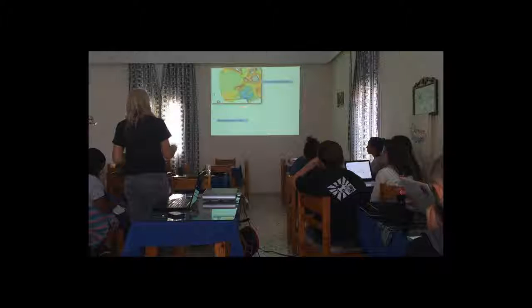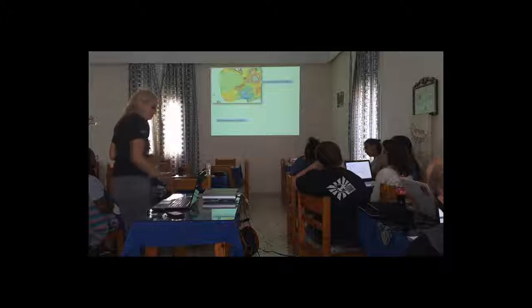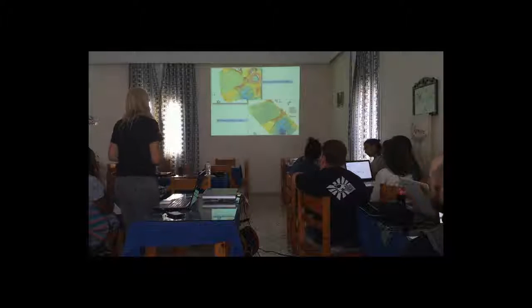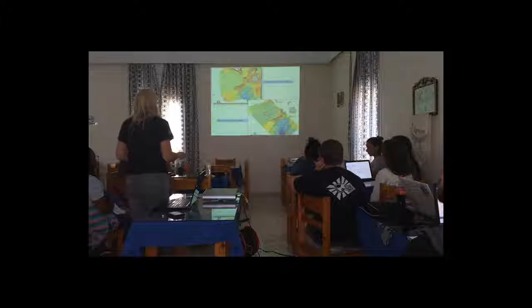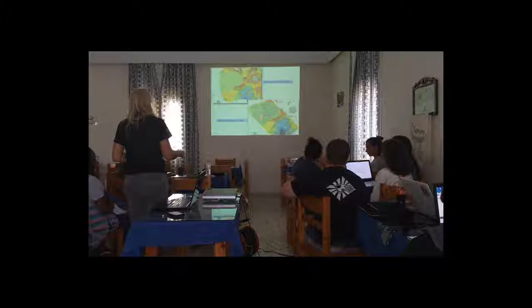This is a conventional bathymetric map. We collected single depths using the single echo sounder system, and you can see the seabed morphology, and you can compare how detailed it is for this particular area.